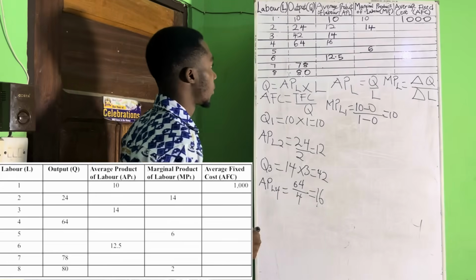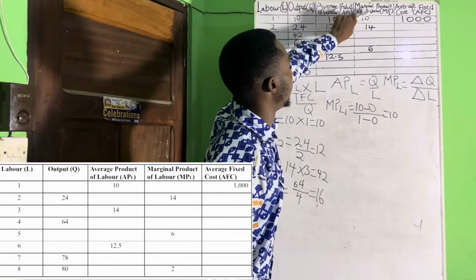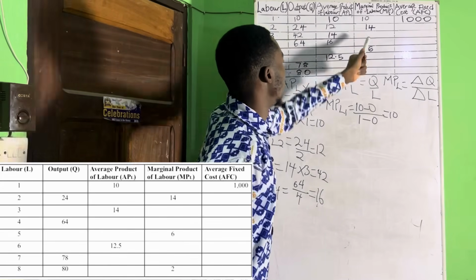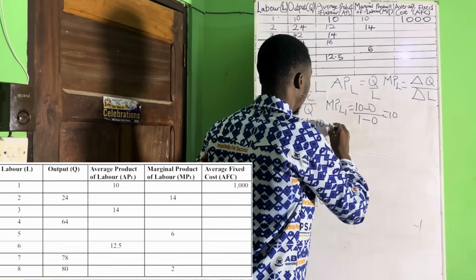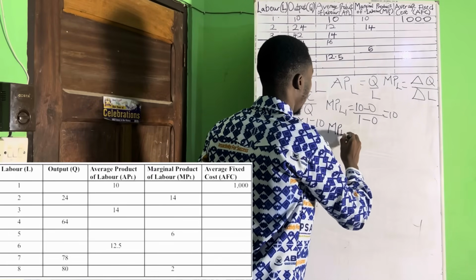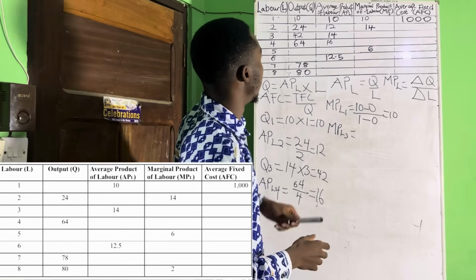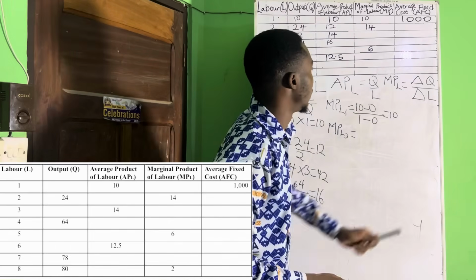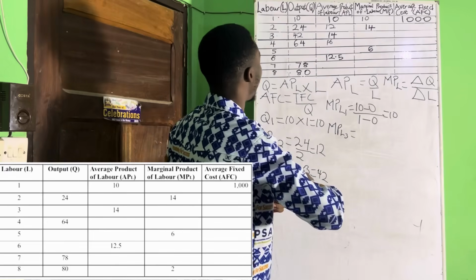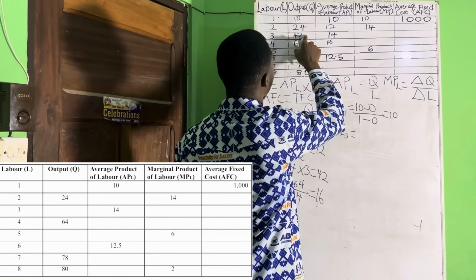Now, let's go to our MPL3. You get it? So the MPL3 is going to be the change in quantity, the new quantity. So what's the quantity for 3, which is the output?